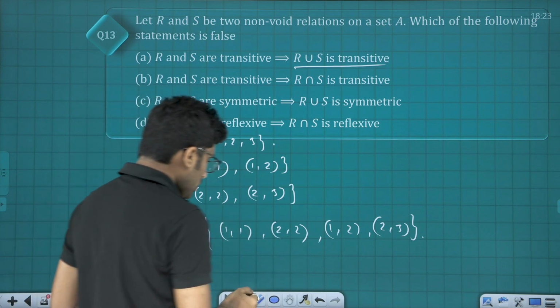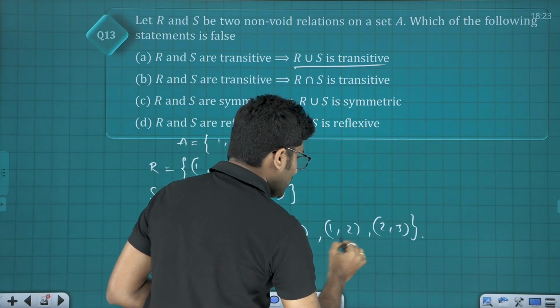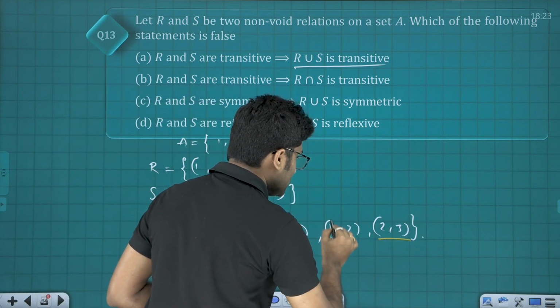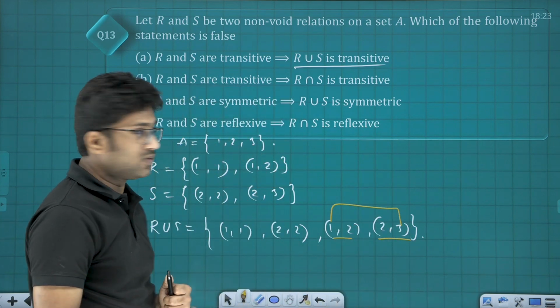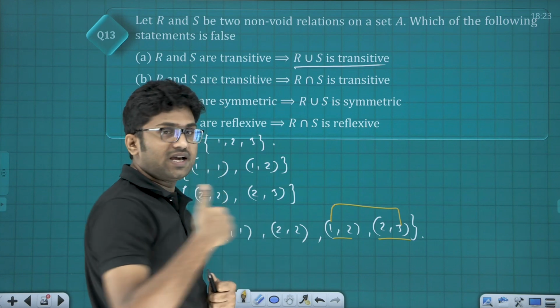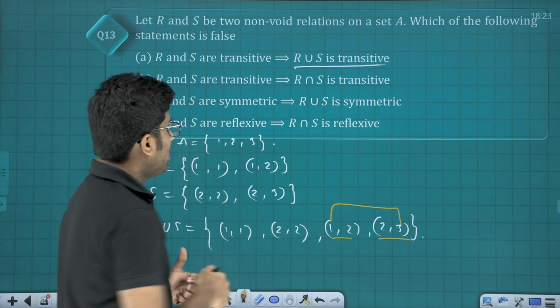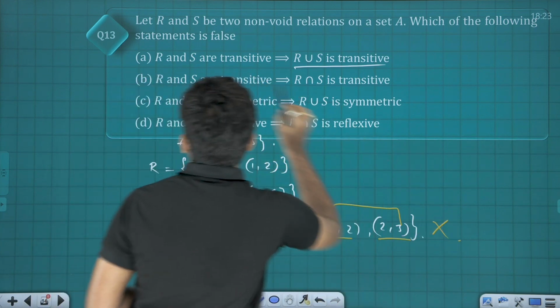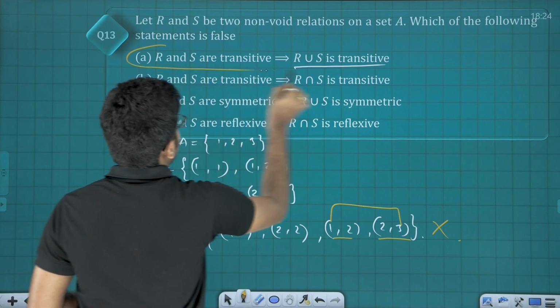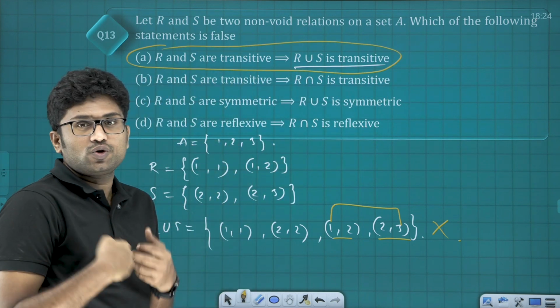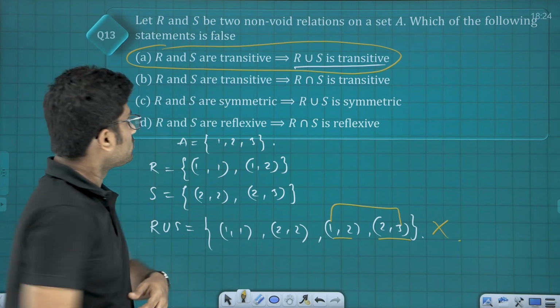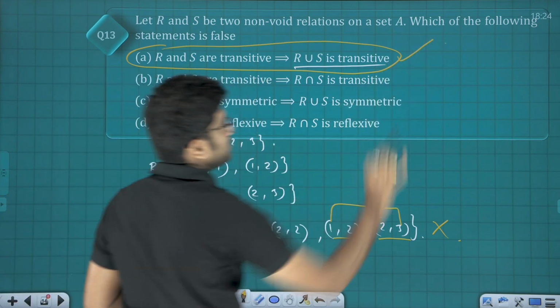We all know that, friends, if (A, B) and (B, C) both exist, then (A, C) should exist. Then only we say it is transitive. But here (1, 2) and (2, 3) are there, but (1, 3) we don't have. Hence it is not transitive. Therefore the first option itself is false, and we need our false statement only. Option A is going to be our correct answer. Clear? This is option A.